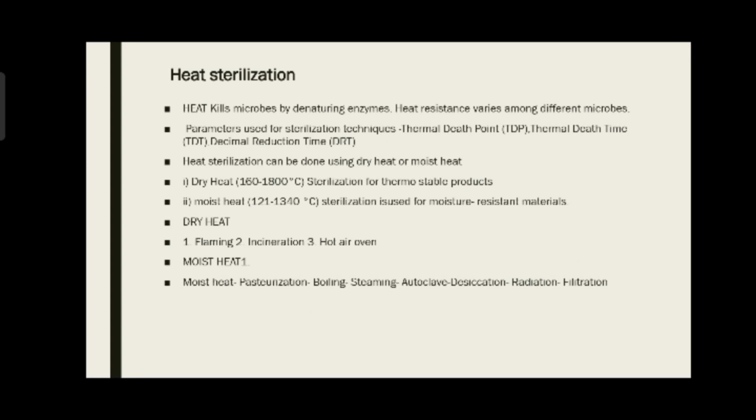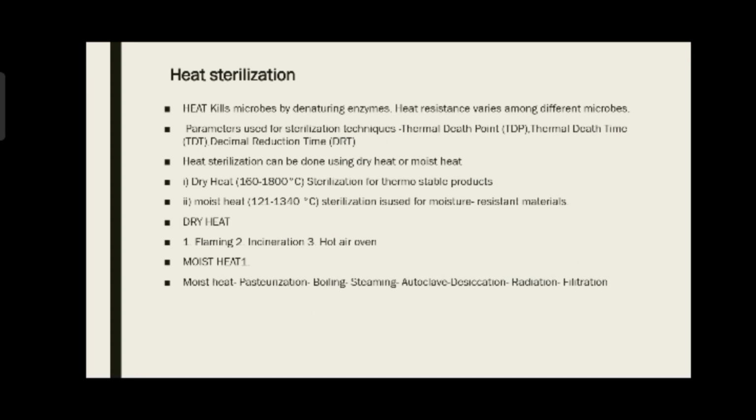It is the most widely used and reliable method of sterilization. It is a temperature-dependent sterilization technique where exposure of cells to high temperature leads to the destruction of cellular enzymes and proteins, thereby leading to cell death. So here the heat kills the microbes by denaturing their enzymes.